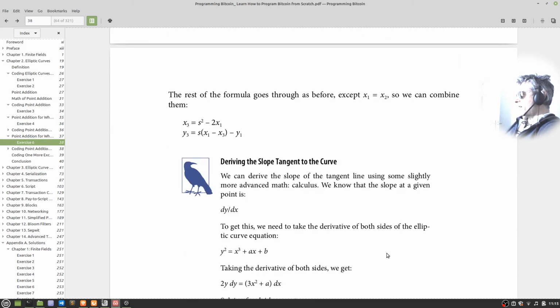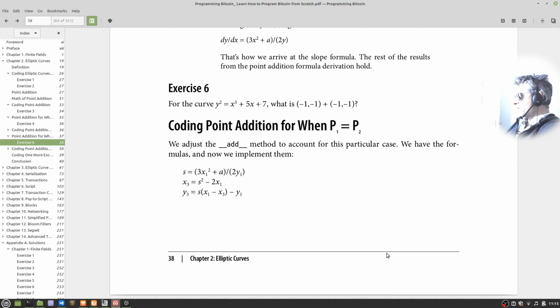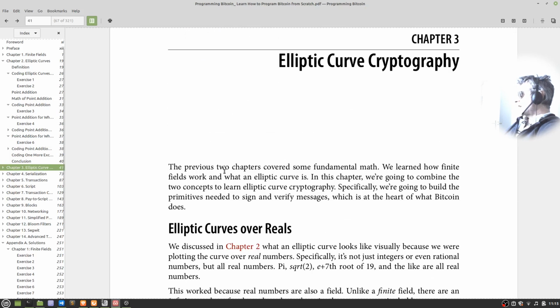So I'm thinking that's what we will get to ultimately. Maybe it's chapter 3, elliptic curve. So I'm skipping ahead a bit here.